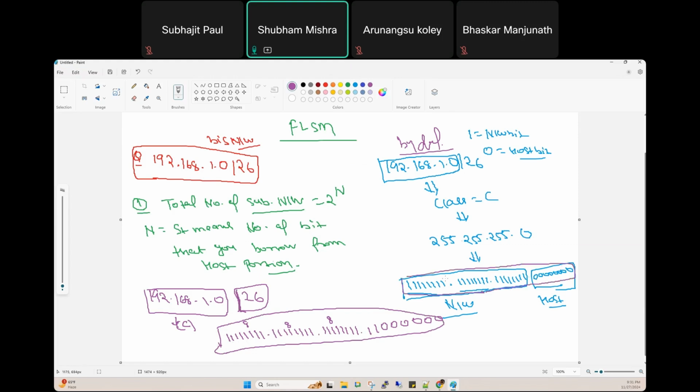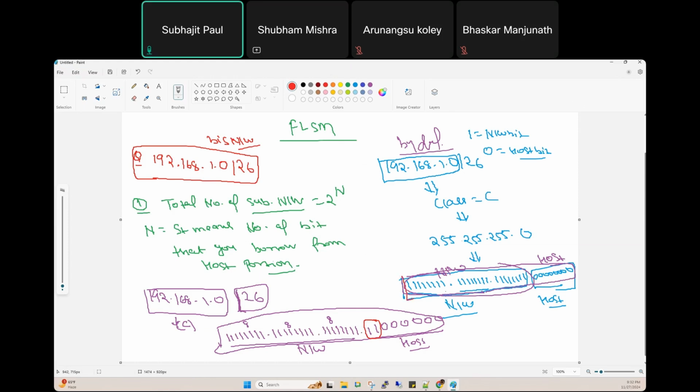In the default, these 3 octets are the network bits and this is the host portion. In this question, these are the network portion and these are the host portion. But you are using these 2 bits from the host portion. Agree, everyone?